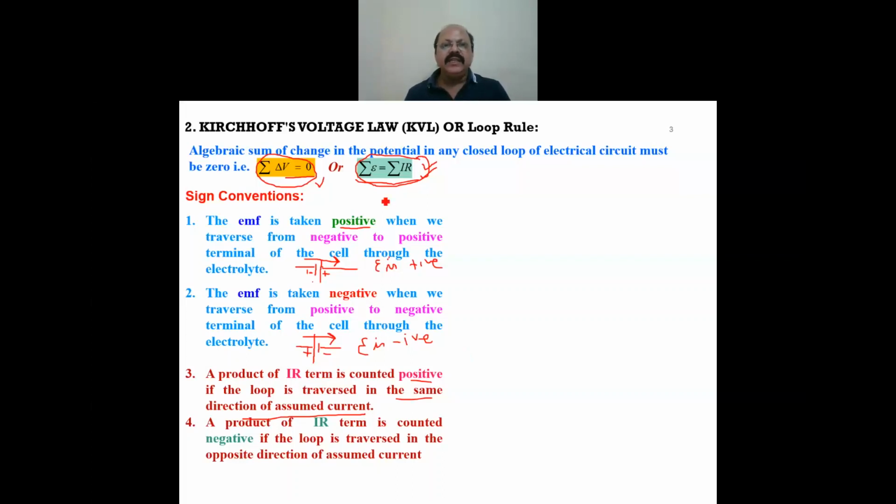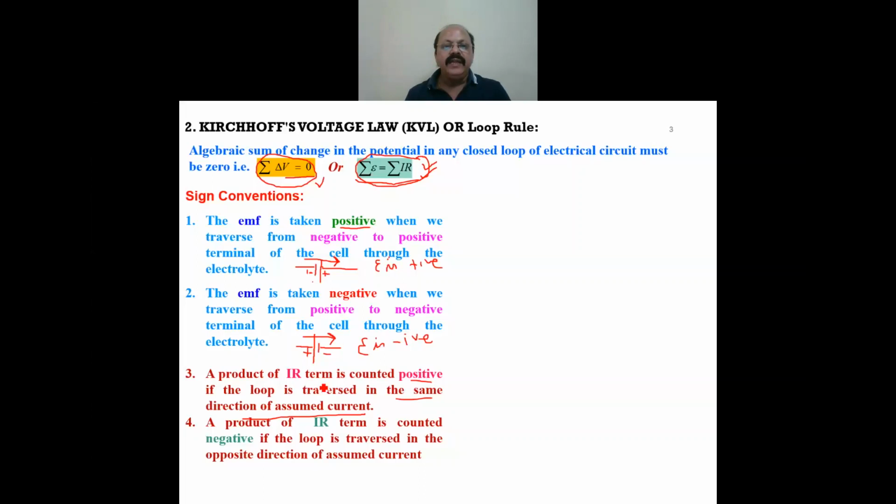I am taking this formula because here we are saying that as we move from negative to positive, we take positive. When we move from positive to negative, we say it is negative. Similarly, when the loop direction and current direction are the same, we take the product IR positive.